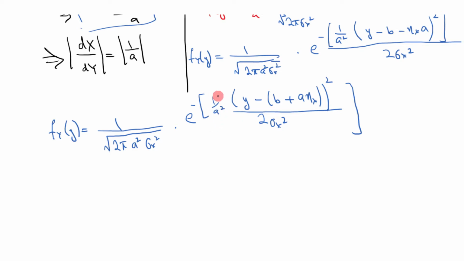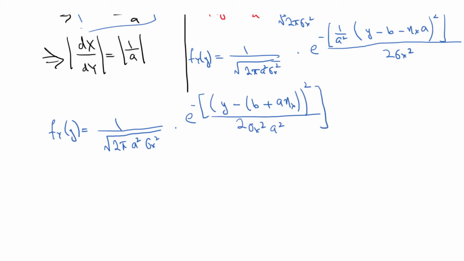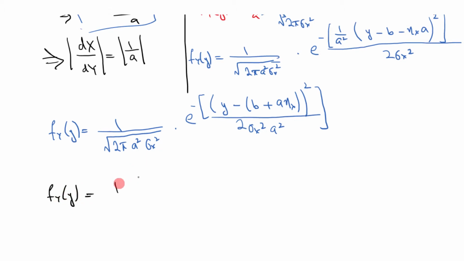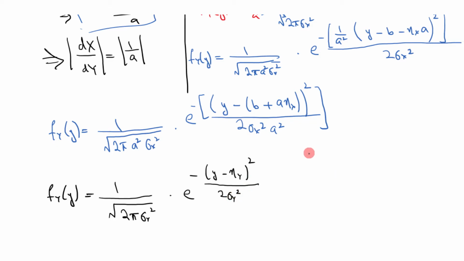So this 1 over a can be taken here, there will be no difference. So this final expression is fy of y is equal to 1 over under root 2 pi sigma y square into e raised to power minus y minus average of y whole square divided by 2 sigma y square, where this average of y is equal to a times average of x plus b.